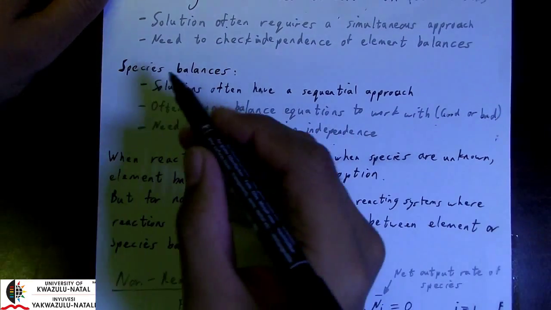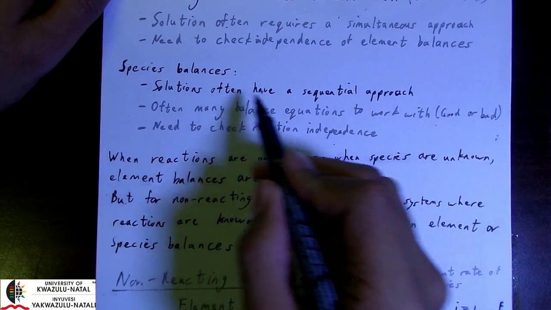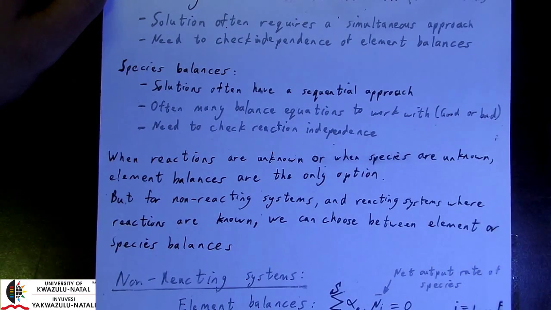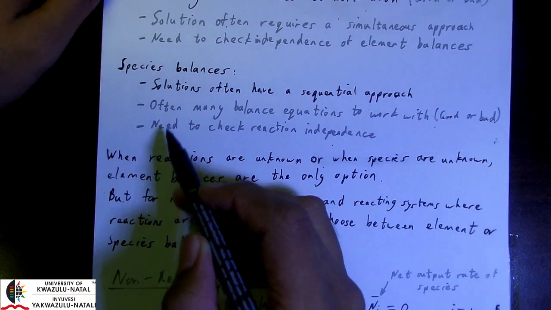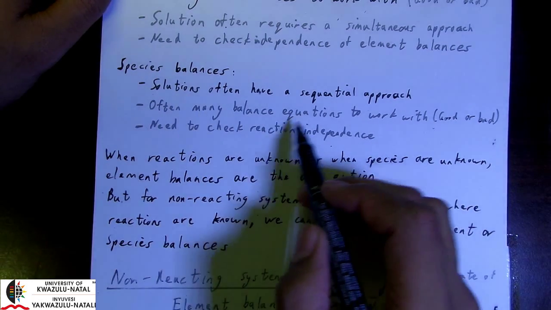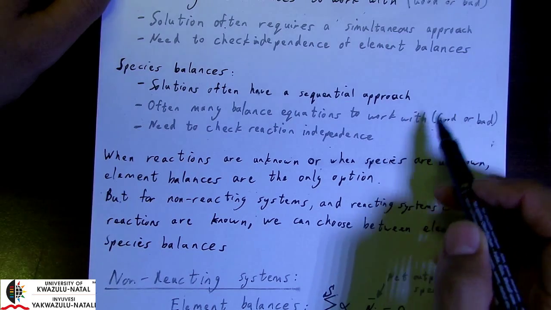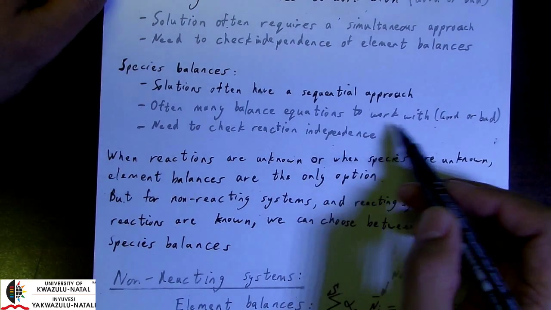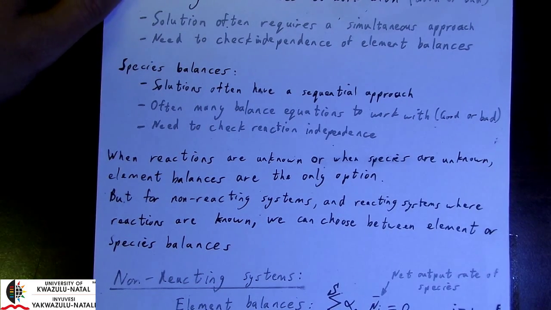Now in the case of species balances, the advantage is that our solutions often have a sequential approach to solving the problem rather than a simultaneous approach. However, the disadvantage is that we could end up with many balance equations to work with. From a calculation point of view, it's a disadvantage because of course the calculations will be more complex.